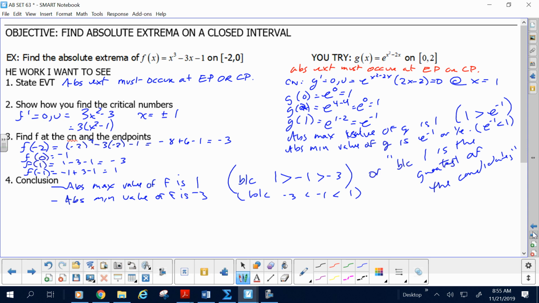Yes. Do you care if we say absolute max is at g of 2, or if we say there is 1? The question usually reads, so that's a good question. We'll get more into this tomorrow, but the question will sometimes be asked 2 different ways. Sometimes the question will say, where does the absolute min occur?